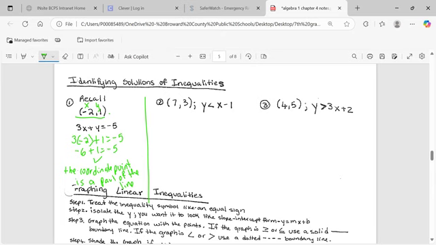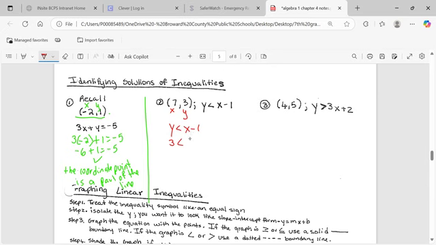So let's look at number 2. Again, we know that every coordinate comes with an x and a y. And so if my inequality is y is less than x minus 1, then I can take the x and substitute it in for x and take the y and substitute it in for y. So the 3, which is y, I'll put it in.